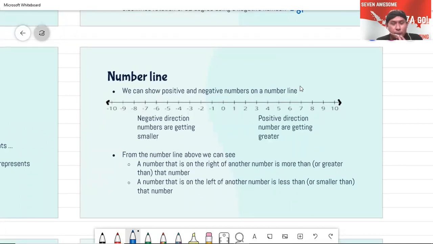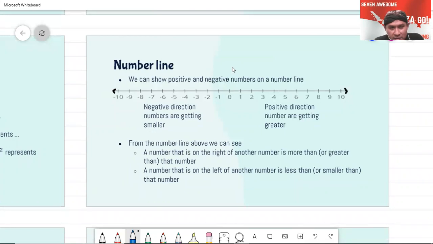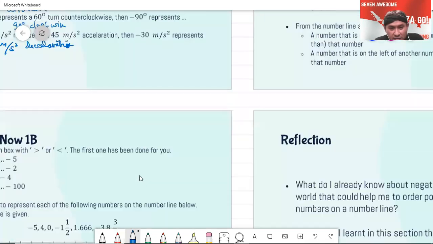It means that if we move to the right, it becomes more positive, and if we move to the left, it becomes more negative. This is for the number line.